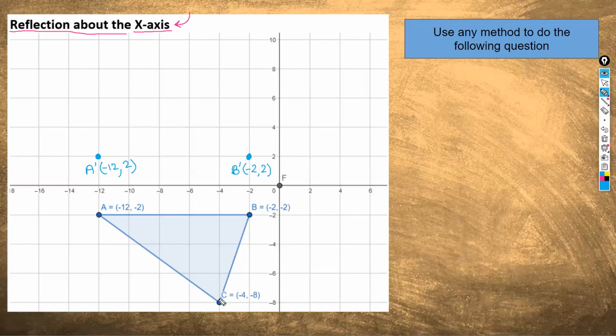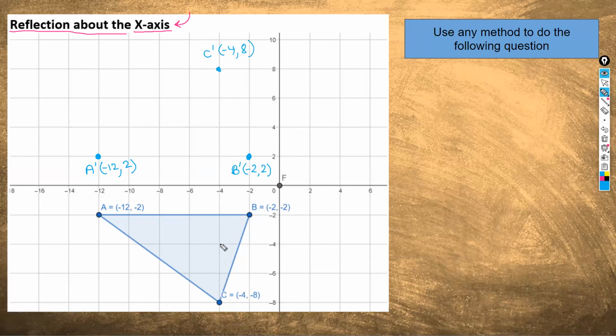For point C, how far is it from the mirror? 1, 2, 3, 4. So that means on the other side, it is what? 1, 2, 3, 4. What are the coordinates of that point? That looks like minus 4, positive 8.